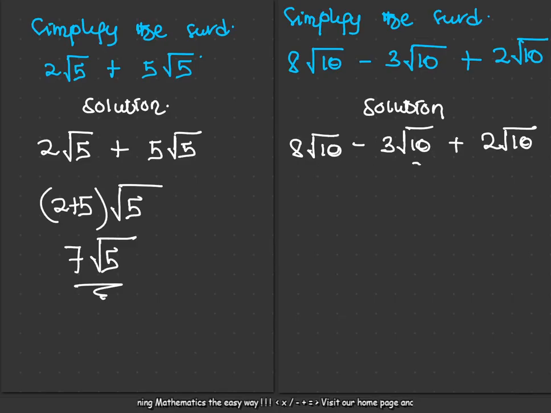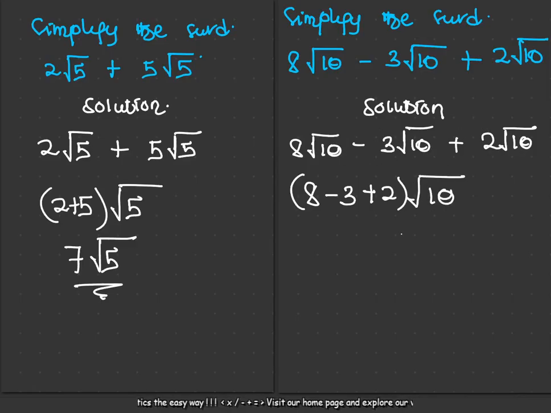Since the surds are all the same, we just add the coefficients, or since there's a subtraction, we do that. So we have 8 minus 3 plus 2. Where are we getting this from? The coefficients over here. And then the root 10 comes along. 8 minus 3 gives us a 5. Then 5 plus 2 gives us 7. So this gives us 7 root 10.